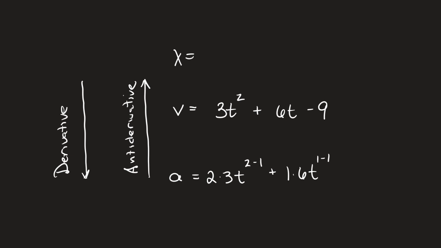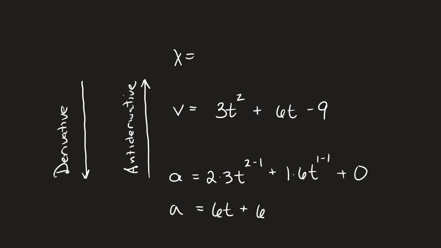Okay. And there's no number there, so that's t to the 0 power. So that should be plus 0. All right, we're done. Clean it up. 6t plus 6. T to the 0 means it's just 6. That's my acceleration function.